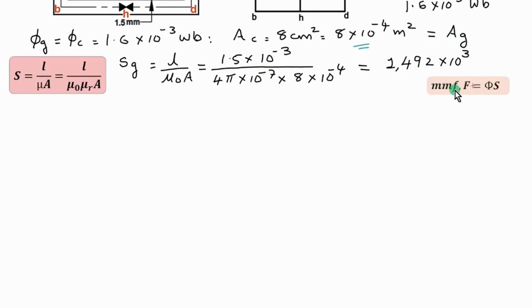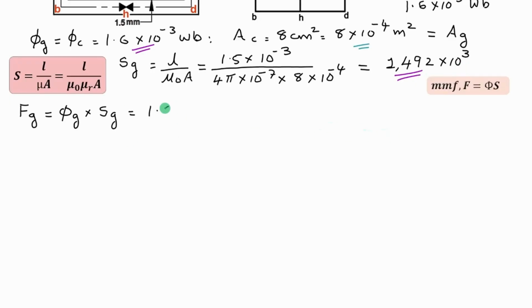We know that mmf F is equal to phi into S. Therefore, mmf of that air gap Fg is equal to phi G into Sg. That is equal to phi G is 1.6 into 10 raised to minus 3 and Sg is 1492 into 10 raised to 3.